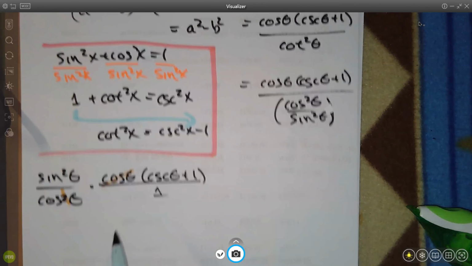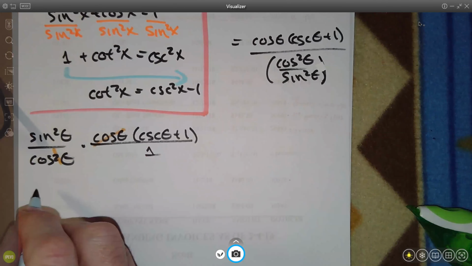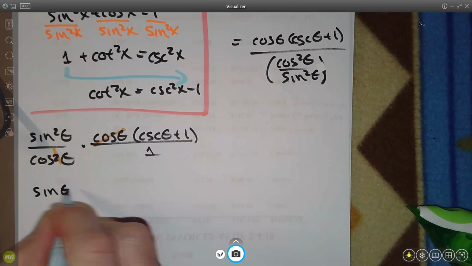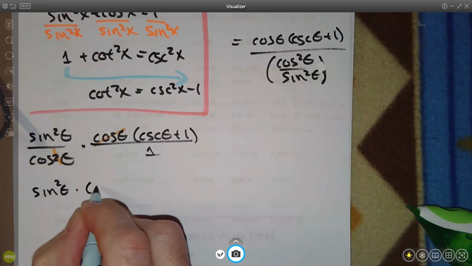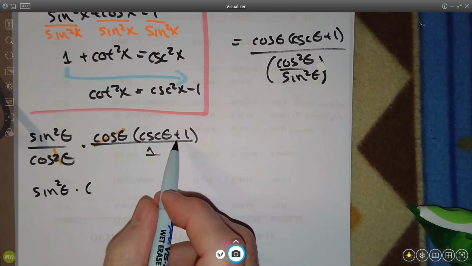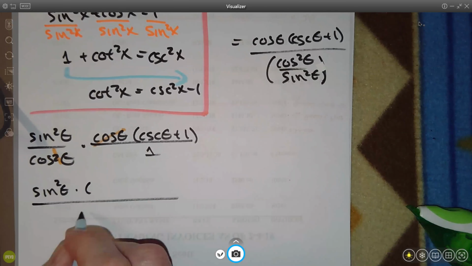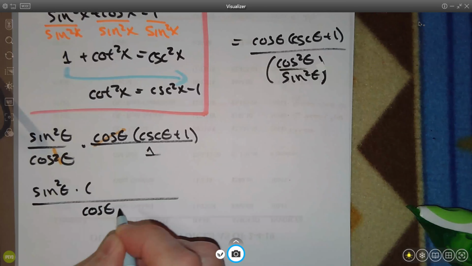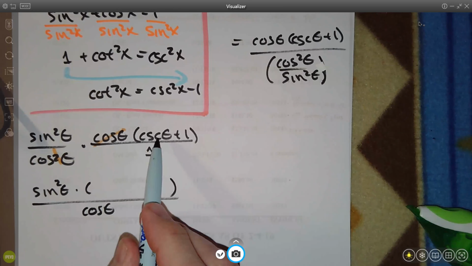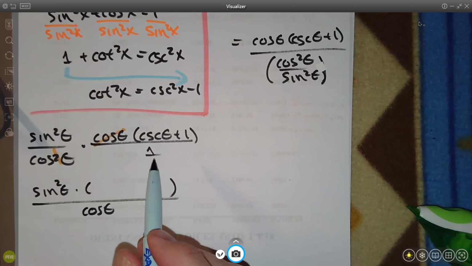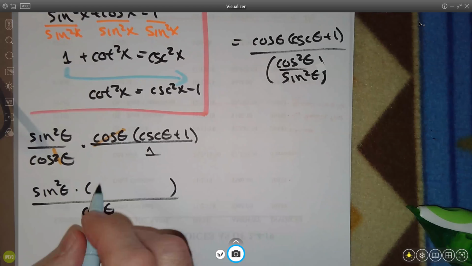So it's sine squared of theta times cosecant of theta, and I still have 1 cosine of theta in the denominator. However, let me do myself a little bit of a favor here and remind myself that cosecant is 1 over the sine of theta.